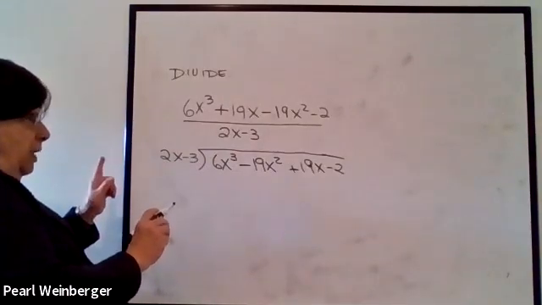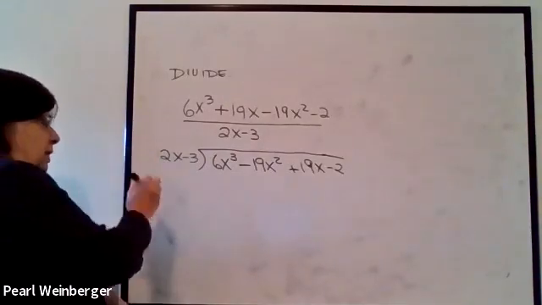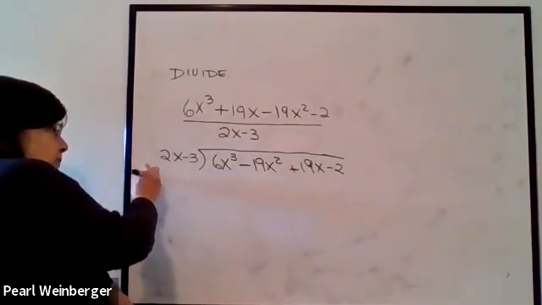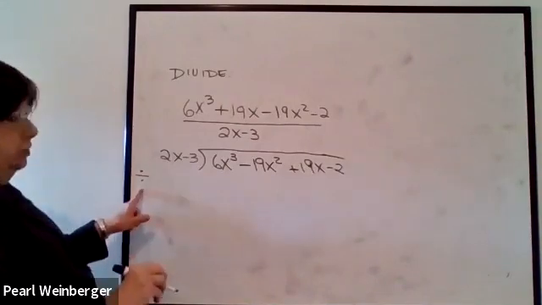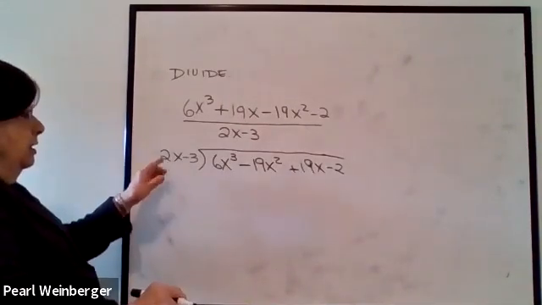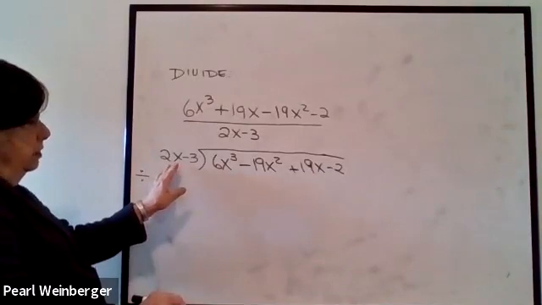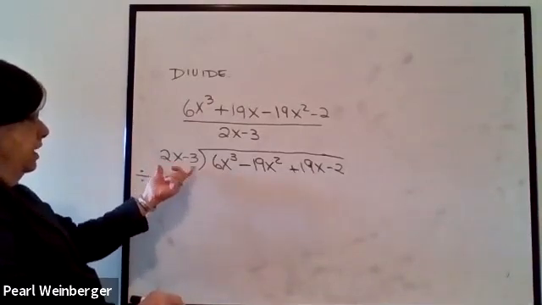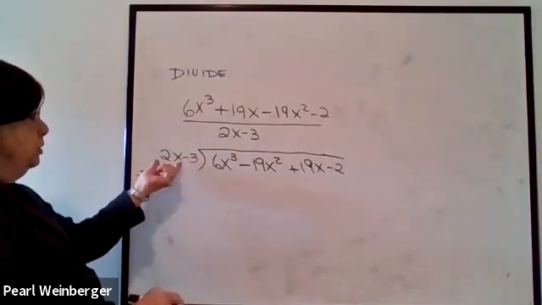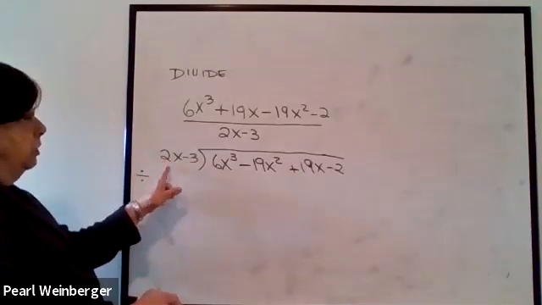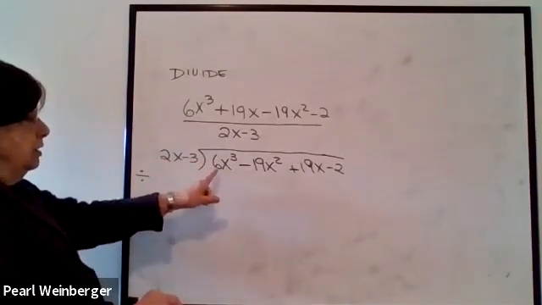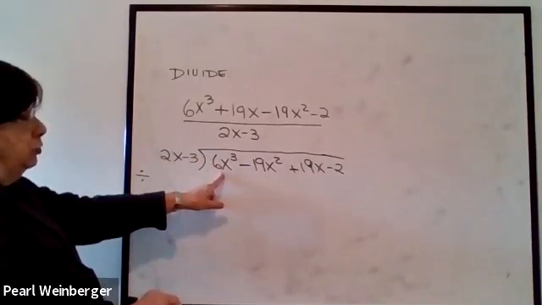Now, I'm going to remind you of the steps that we took. Our first step in long division was to divide. That was the first thing we did. And in order to make the dividing a little bit simpler, instead of dividing by the whole binomial, we just divide by the first term. We take the 2x and divide it into the 6x cubed.